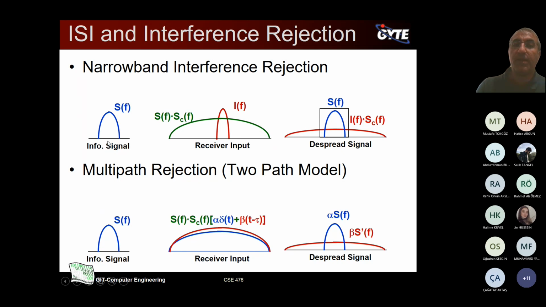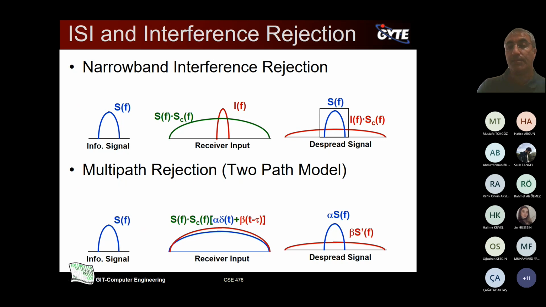Let's say this is the information signal, the blue one. I multiply with the secret code SCF, and I spread my signal, as you see in the frequency. And someone, my enemy, jammed my signal, which is the red one.